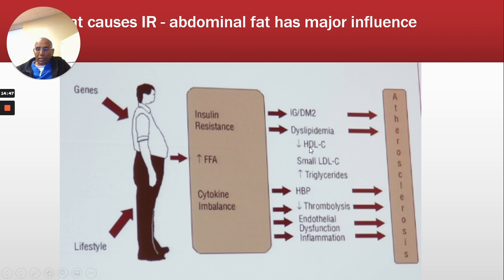That's a whole other lecture, but in short, dyslipidemia is decreased HDL, an increase in small dense LDL particles, increased triglycerides, increased thrombolysis, and endothelial dysfunction and inflammation leading to atherosclerosis. That is a major problem with abdominal fat increase.